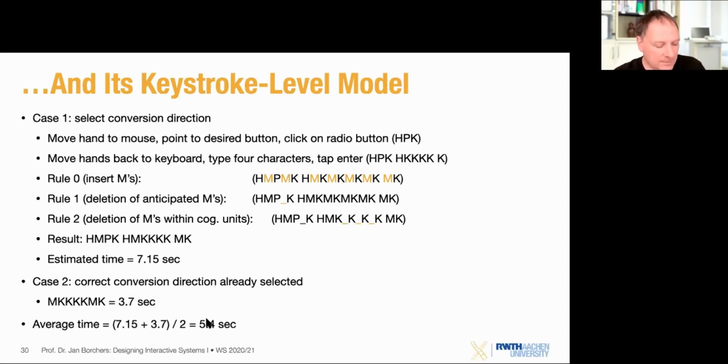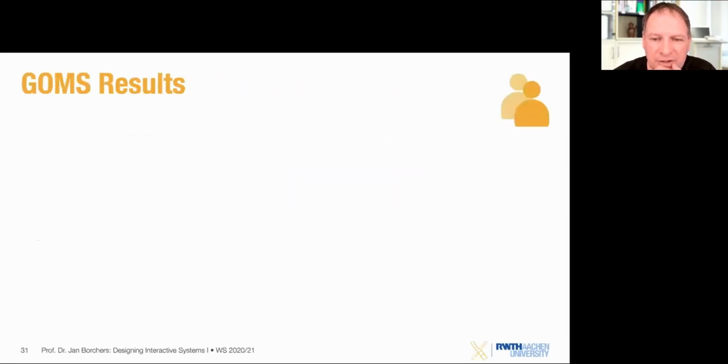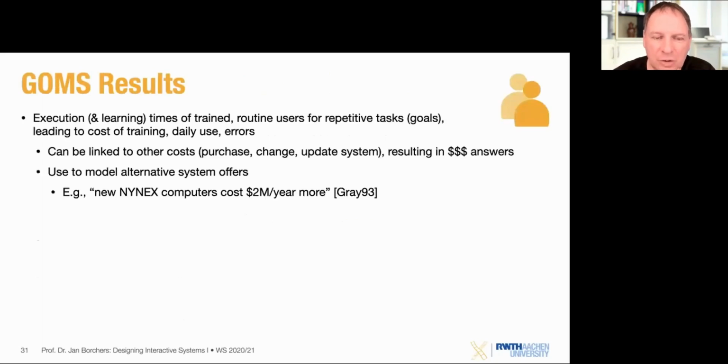Okay, so what we're getting out of GOMS here is clearly execution times for very well-established actions, for tasks that people know very well. So we've got trained users, routine users that do repetitive tasks or goals.